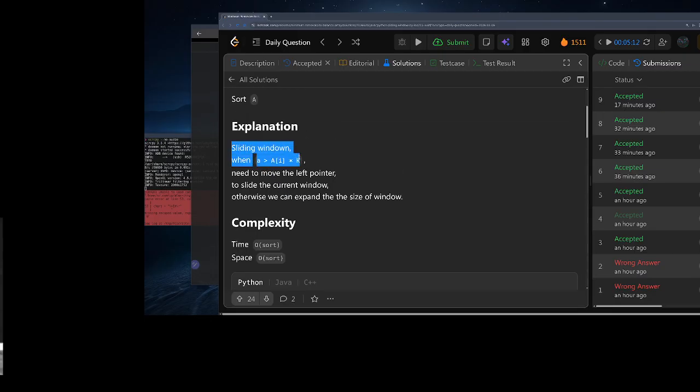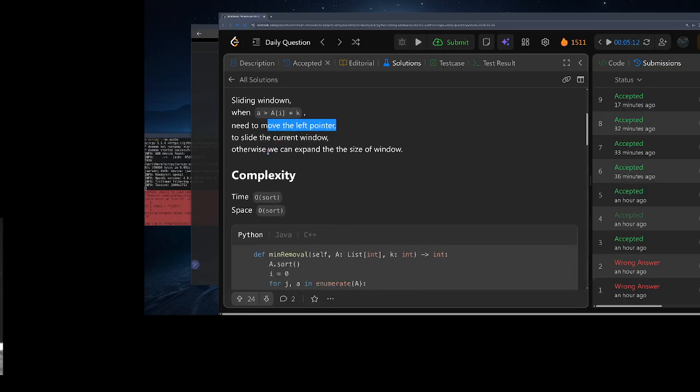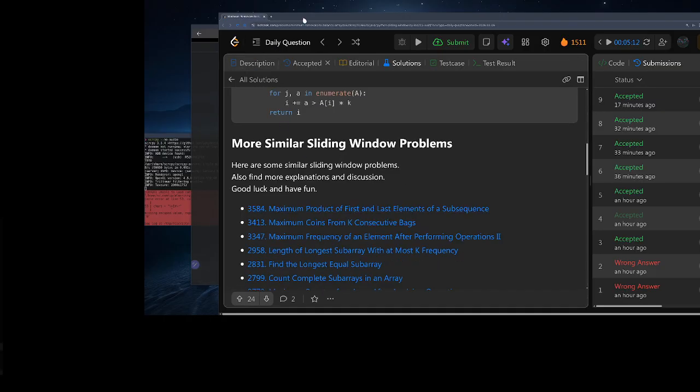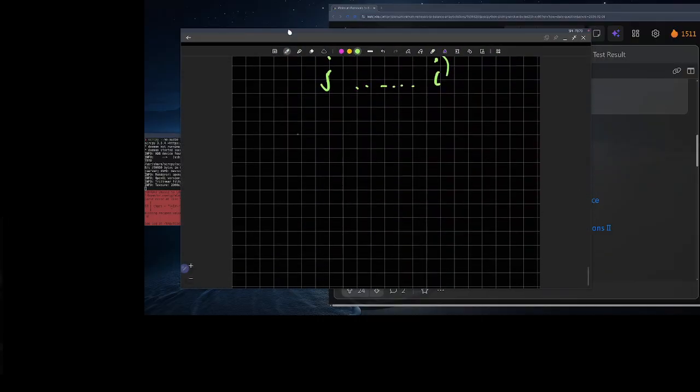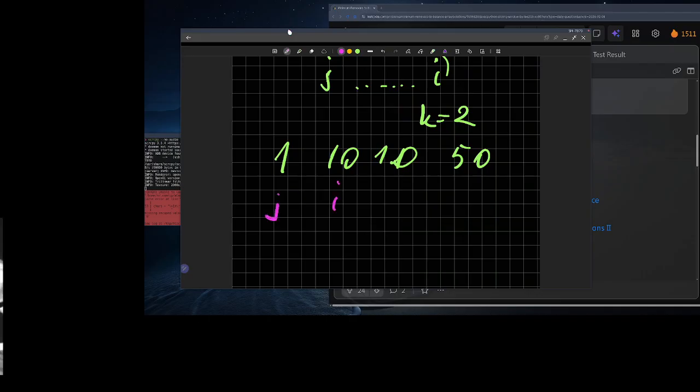It's kind of a sliding window: move the left pointer, otherwise we can expand the size of the window. Okay, if we look at this, like 1, 10, 10, 50, and k is 2, our j is at 1, i is at 10, we compare, it doesn't match, so we move j.